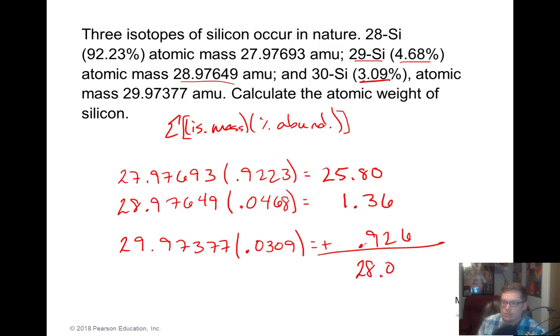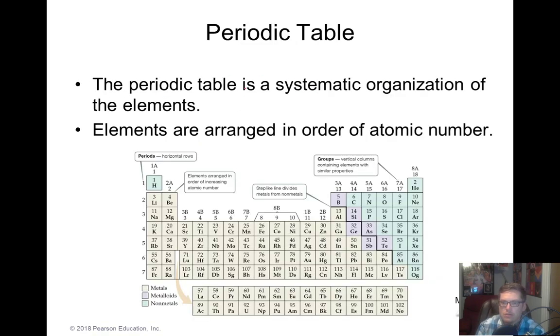Now notice which atomic mass we're closest to: 28.09 is closest to the atomic mass of silicon-28. And that makes sense because it was also the most abundant. It makes sense that the most abundant one is going to affect our average atomic mass the most. All right, so that's how you do those.